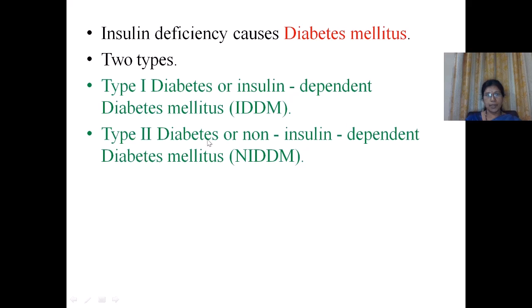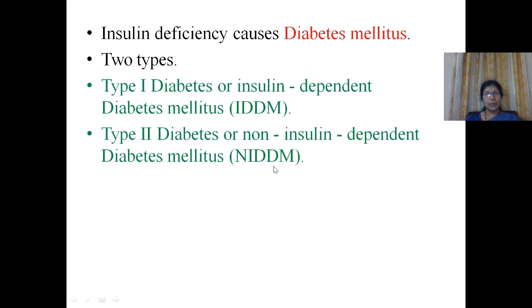Next, type 2 diabetes, non-insulin dependent diabetes mellitus. This type of diabetes occurs due to a decrease in the cell surface receptors, that is insulin receptors, on the plasma membrane of certain cells such as hepatocytes, adipocytes and muscle cells. The cell surface receptors are integral membrane proteins which are encoded by a gene.